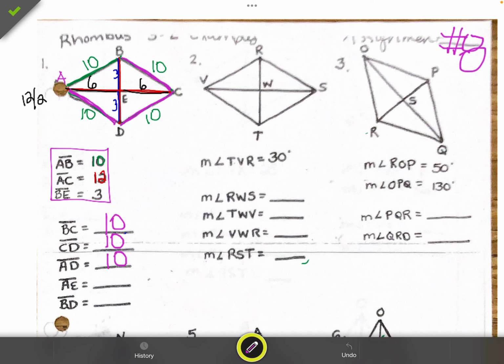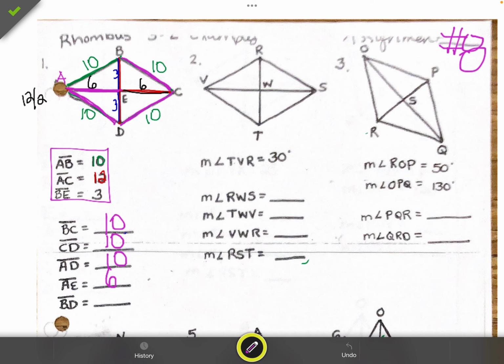Segment AE. Now here's where you got to make sure, trace it with your pencil. So segment AE is from A to E. Okay, it's part of this big diagonal. It's half of it, and we said that was 6. And then the last thing they're asking us for is segment BD. Now be careful with this one. This one sometimes catches people.